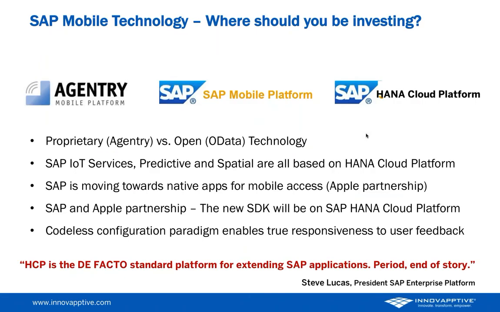The other thing that's driving mobility in EAM is mobile technology. Over the last 10 years, there's been significant change in the technology available to SAP customers to leverage mobility. It started with the Agentry platform that SAP acquired a few years back.